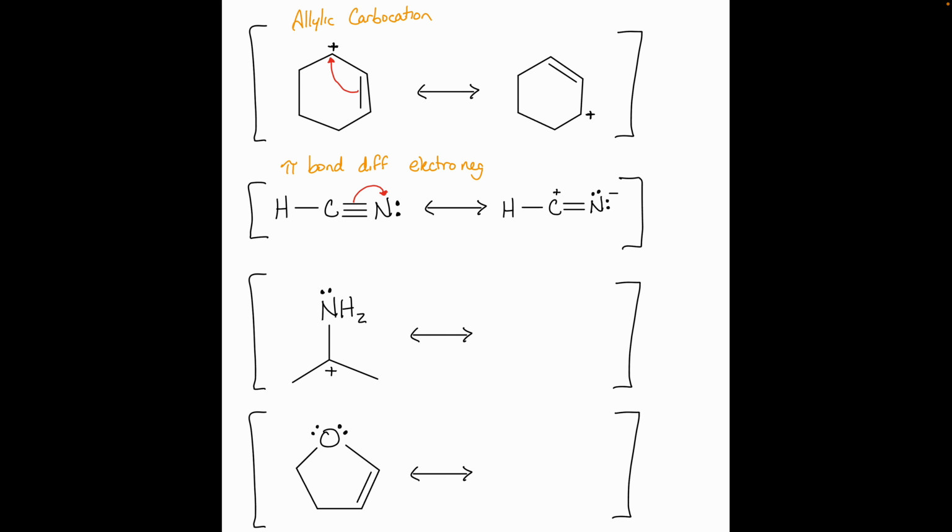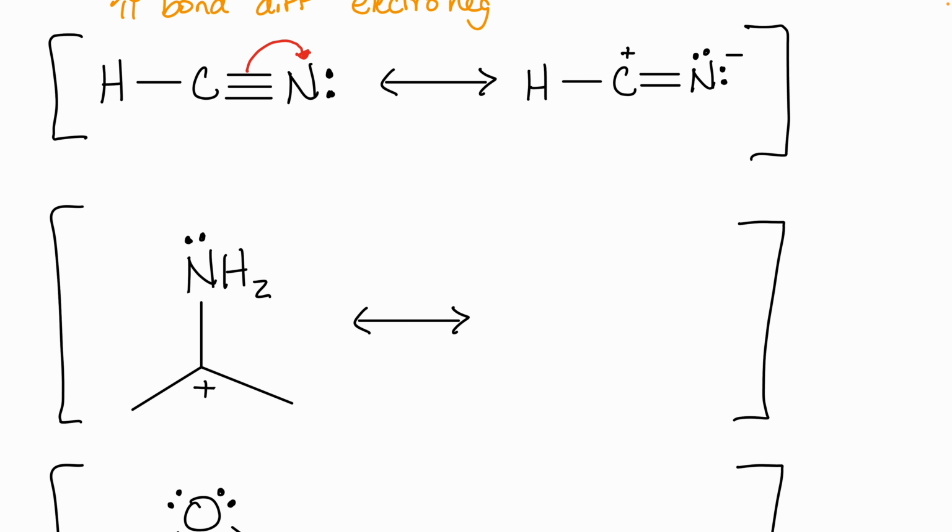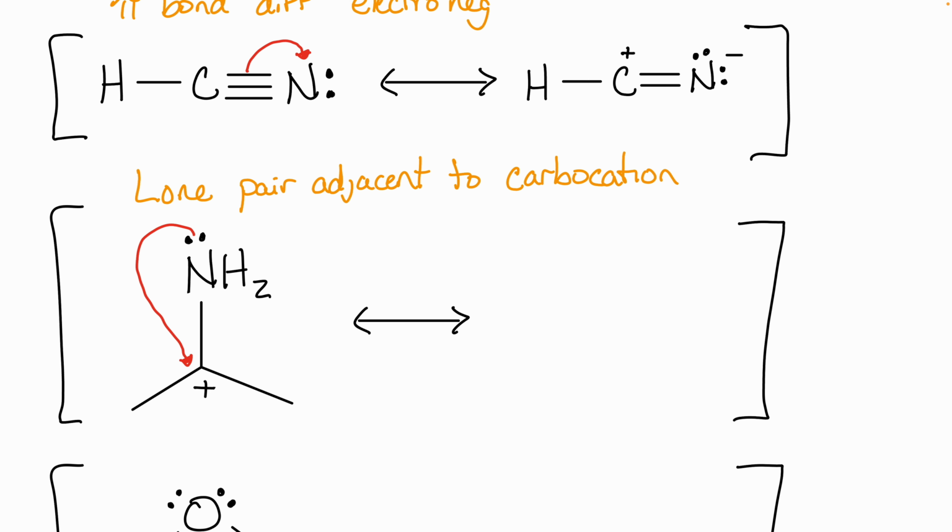All right, our next one here, what was our resonance category? Lone pair adjacent to a carbocation. Again, that carbocation, as we've seen, really good at accepting pairs of electrons, but here it will be a lone pair that comes down.